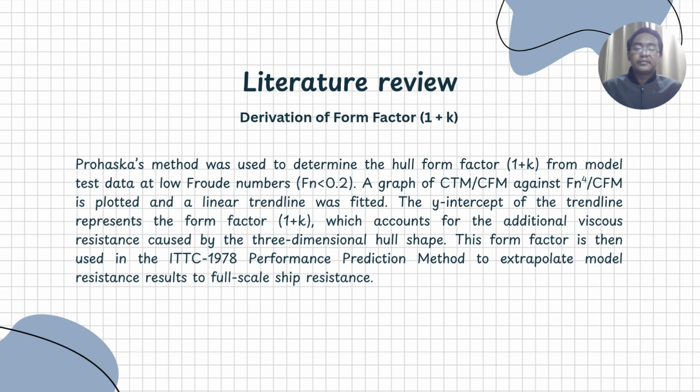The y-intercept of the trend line represents the form factor 1 plus k, which accounts for the additional viscous resistance caused by the three-dimensional hull shape. This form factor is then used in the ITTC 1978 performance prediction method to extrapolate model resistance results to full-scale ship resistance.